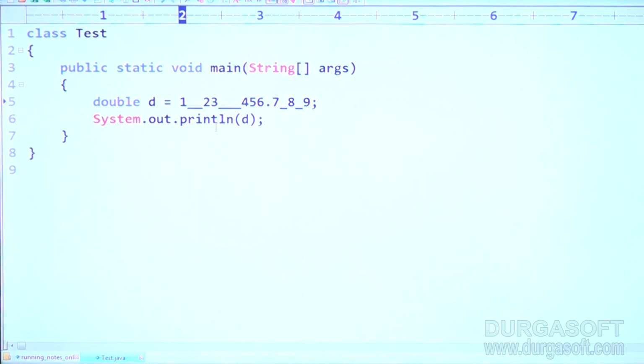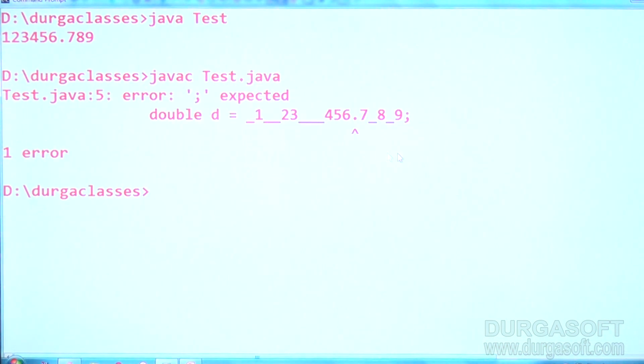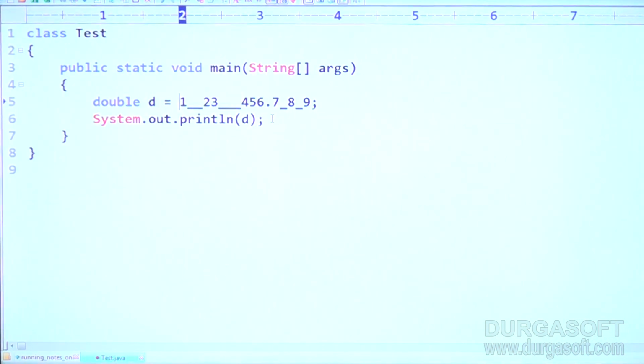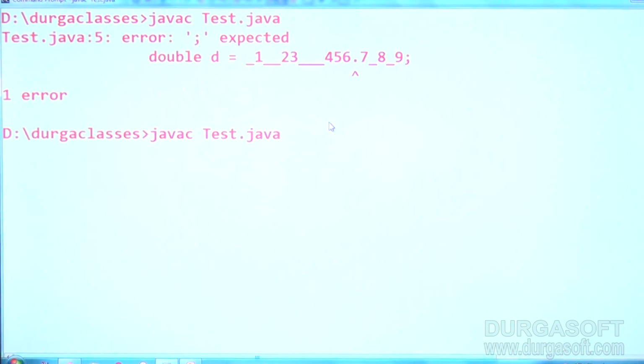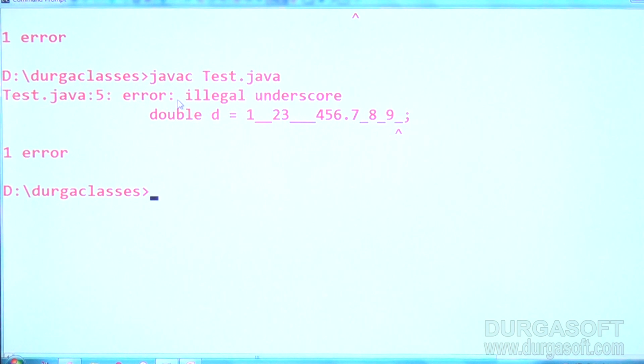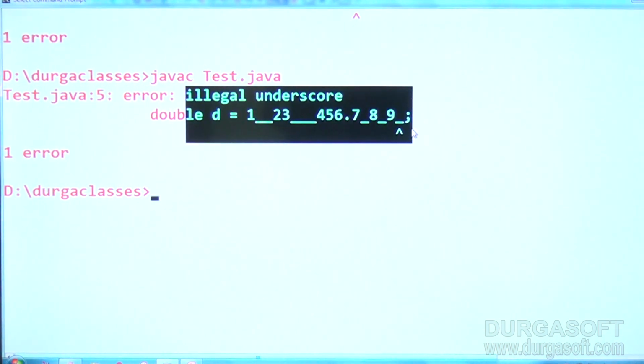Now I'm taking an underscore symbol at the beginning. Immediately you are going to get a compile time error. Observe carefully. Yes, if I take an underscore symbol at the beginning, immediately you get an error. Suppose I take an underscore symbol at last, now what will happen? Now observe, illegal underscore, you get a compile time error.